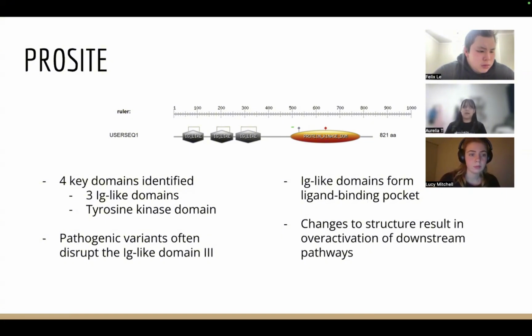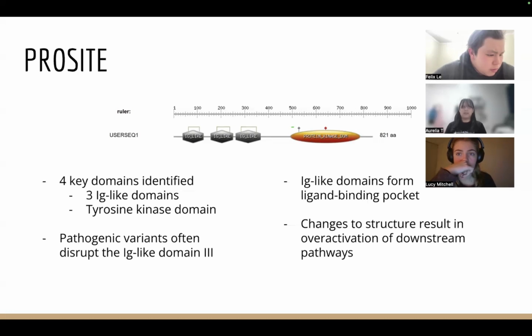As mentioned earlier, many pathogenic variants stem from disruptions to the Ig-like domains. These domains are located extracellularly and serve to form the ligand binding site of the receptor. In FGFR2, the ligand binding pocket is located between the second and third Ig-like domains.